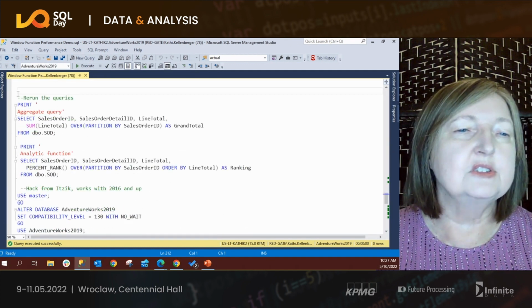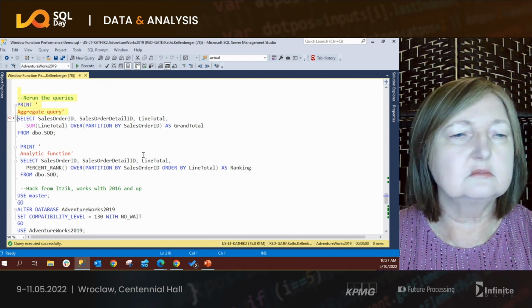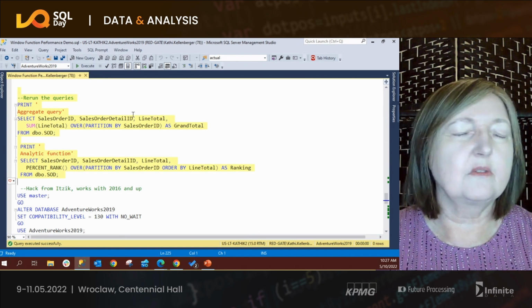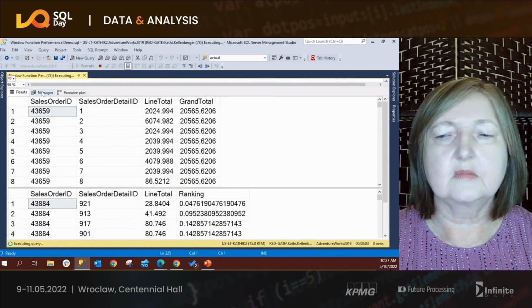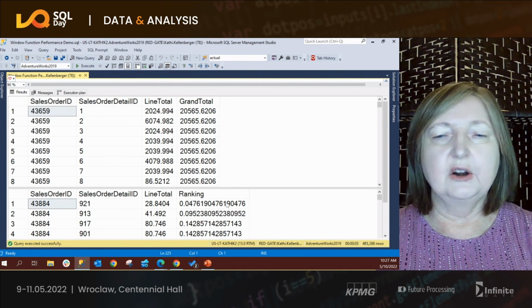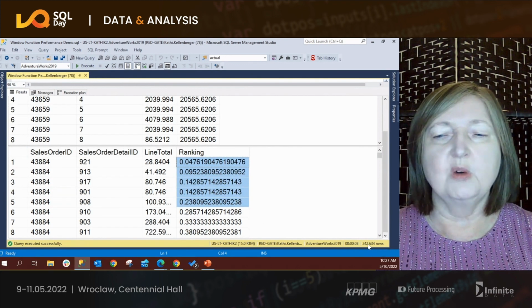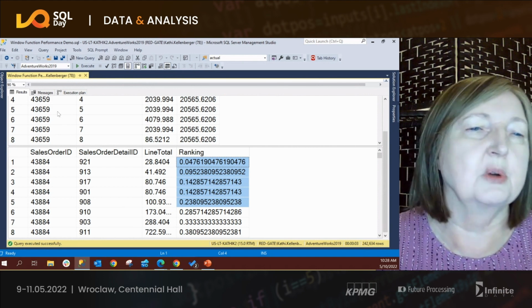I will rerun these queries. And they have a lot of rows. So here, I'm bringing back over 200,000 rows, and it does take some time to populate the grid.